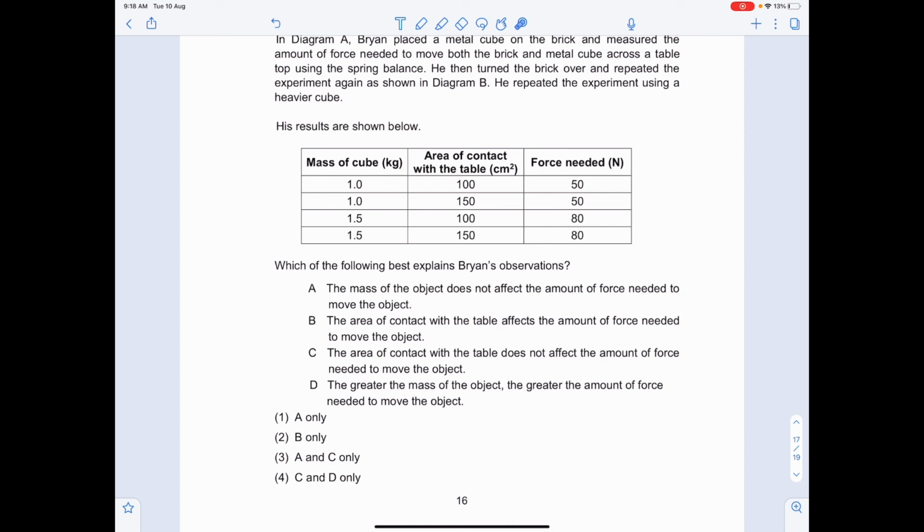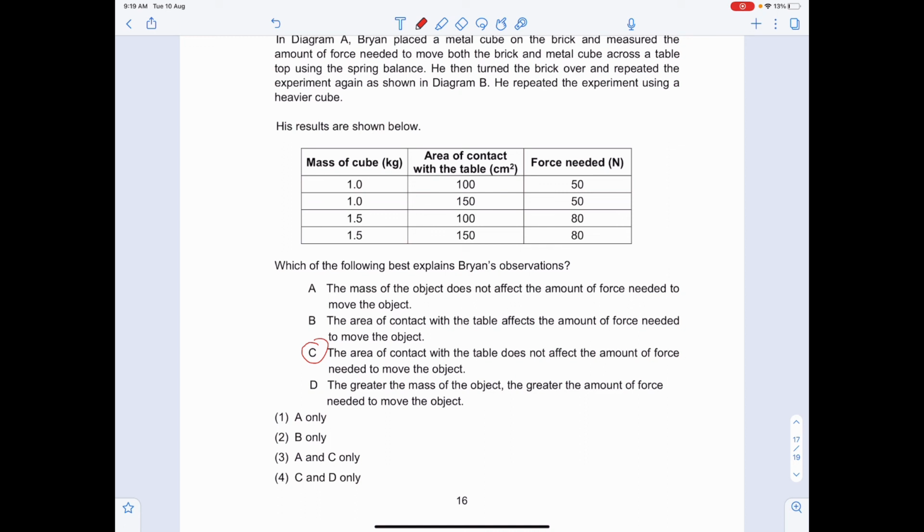Because when you take a look at it, when the mass is the same and the area of contact is different, the force needed is still the same at 50. This is also similar for the 1.5 kg cube. So C is correct.